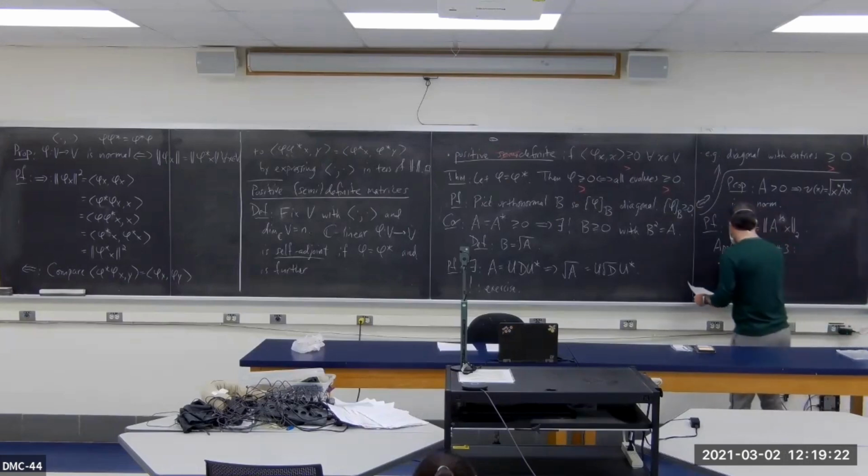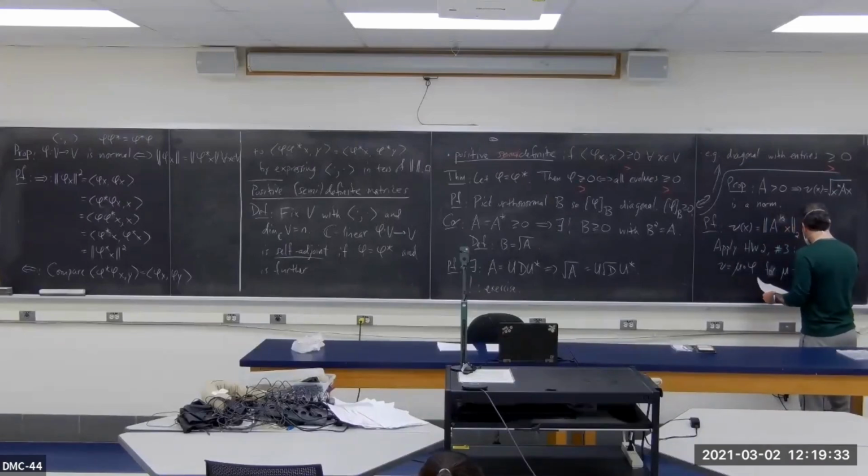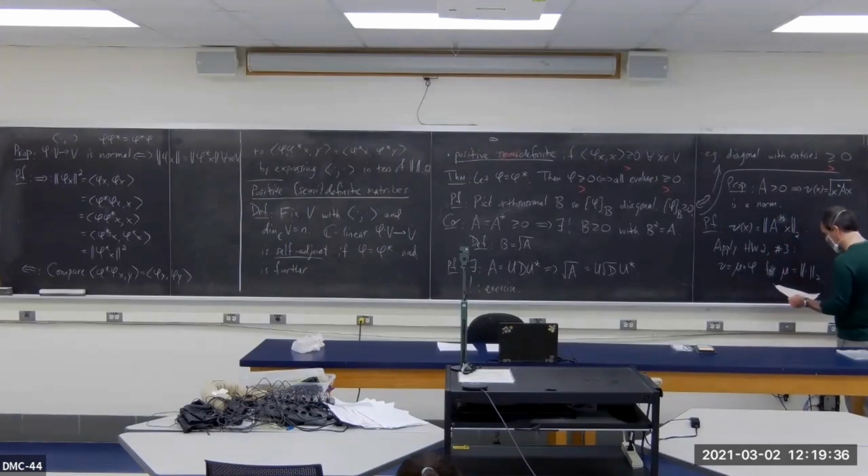So nu is going to be mu composed with phi, for the norm mu, which is going to be the usual 2 norm, and phi being A to the 1/2. It says that if mu is a norm and phi is an injective linear map, then the composite is still a norm. So we're taking x to A to the 1/2 x, and then applying the usual norm that we know is a norm.